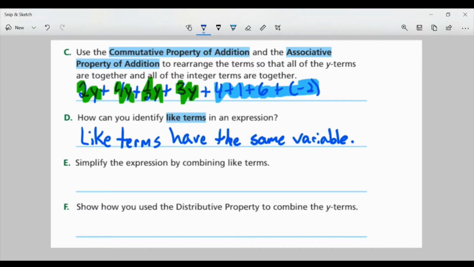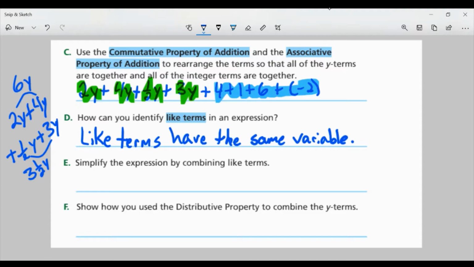So I go 2y plus 4y, and I'm going to add 1/2 y and 3y. 2 plus 4 would give me 6y. Down here, 1/2 plus 3 would give me 3 and 1/2 y.